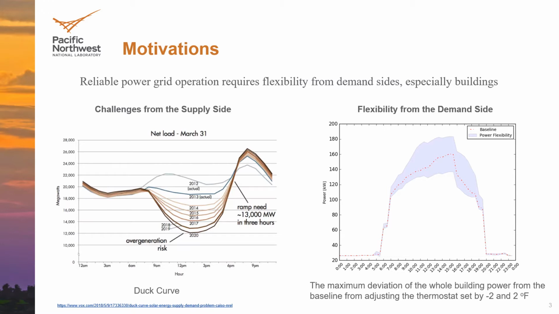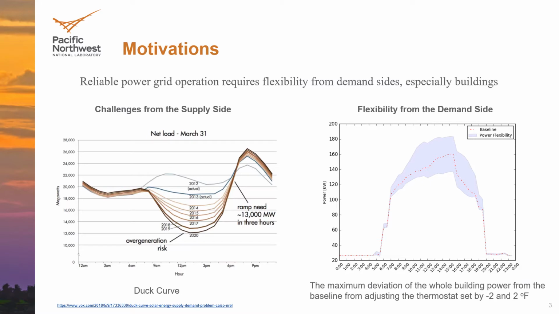In the meanwhile, we know that the building power demand is flexible, as shown in the right figure. By just adjusting the thermostat set point by either -2 Fahrenheit degrees or +2 Fahrenheit degrees, we can actually increase or decrease the whole building power by up to 10%.